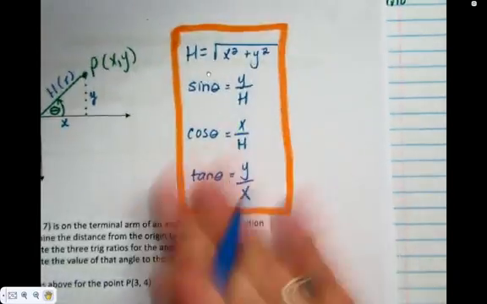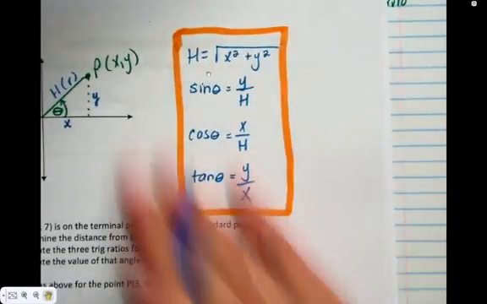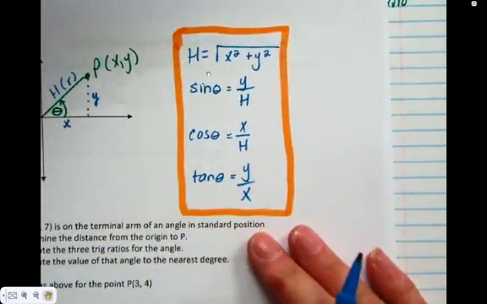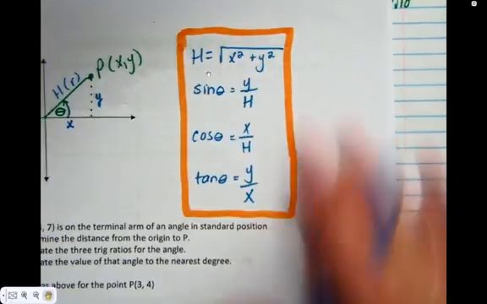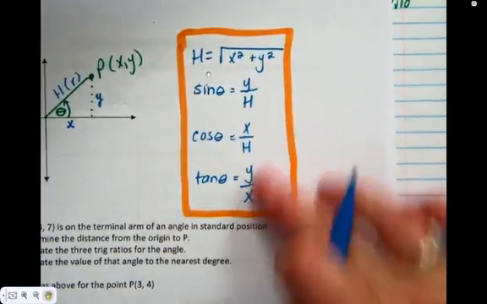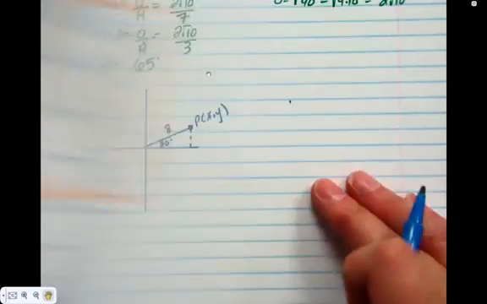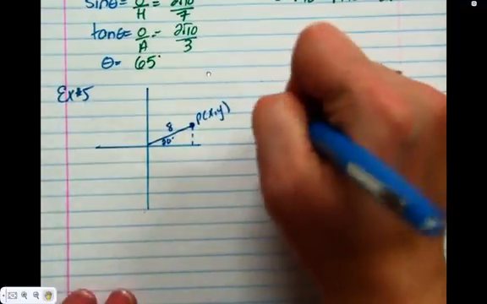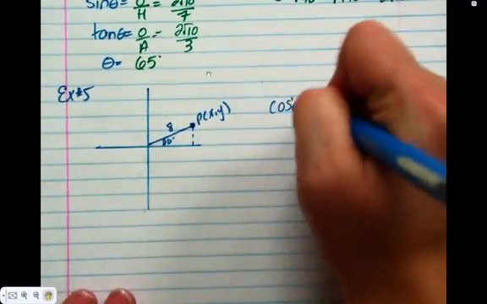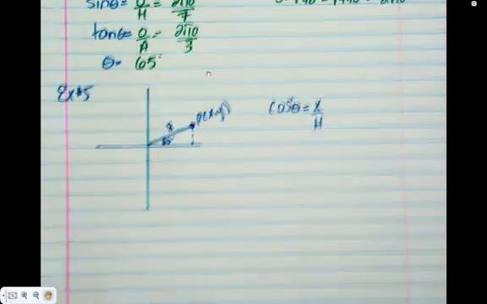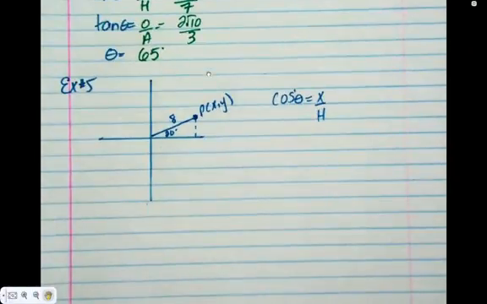So go back to here. Do I have a formula that might take care of x and y? Okay, the problem with this one is I don't have both of them, so I can't use tan. I'm going to start with cos. Why? Because I like it. What do I know in there and what do I not know?